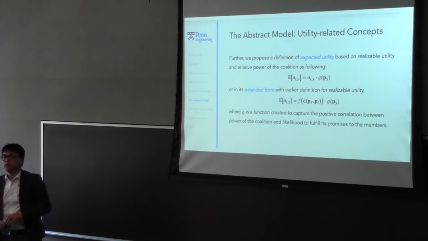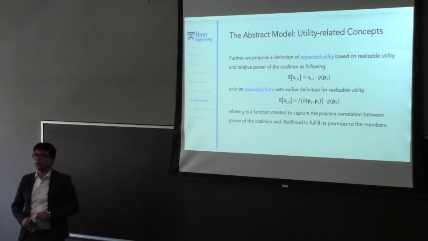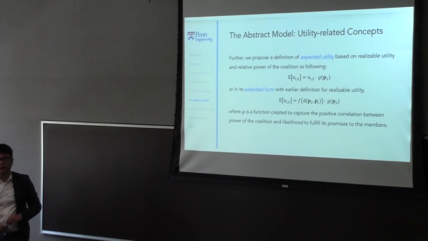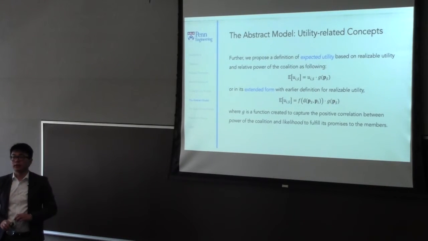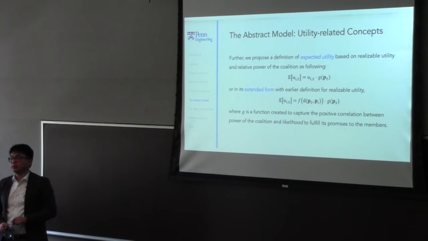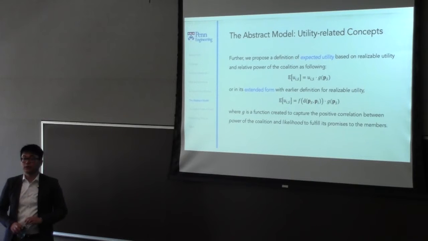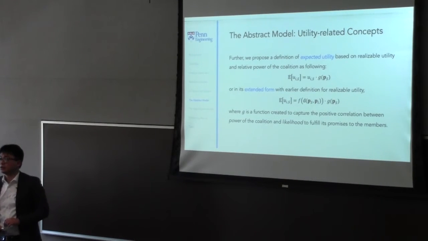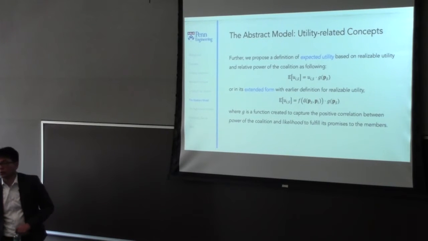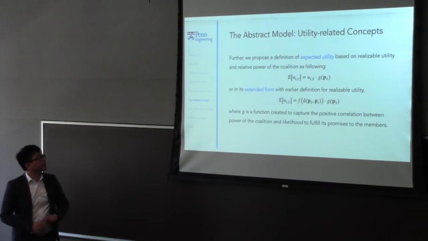One being what we talked about, the distance between your objective position and that of the group, and the other being the relative power of the coalition you're in. So you could be receiving less of a promised policy position, but you could be in a more powerful alliance, so you have a greater chance of winning. And the product of the two, dictated by certain functions, will give you the expected utility.